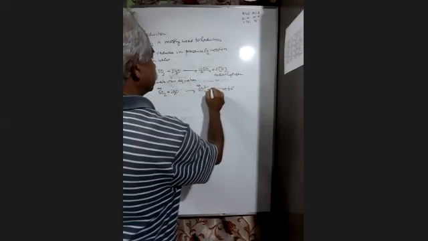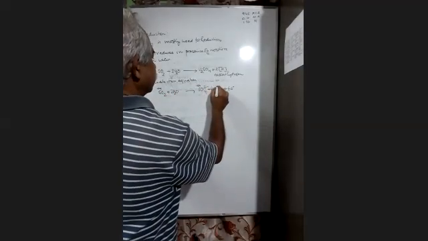Hydrogen. So this is our conventional equation. This is our ion electron method equation. So often sulfur dioxide is being used for reduction purpose.